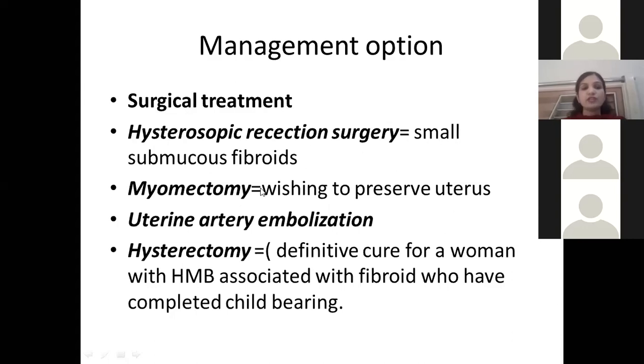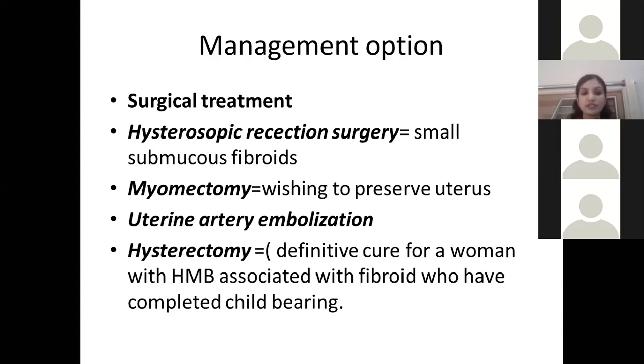As I've told you, there are submucous or pedunculated fibroids that are bulging into the endometrial cavity. So the hysteroscope is inserted into the endometrial cavity and the fibroid is resected. That can be a surgical option in case of submucous or pedunculated fibroid.